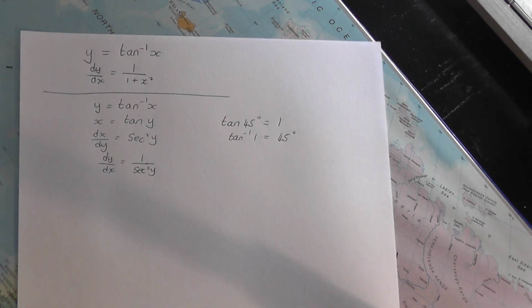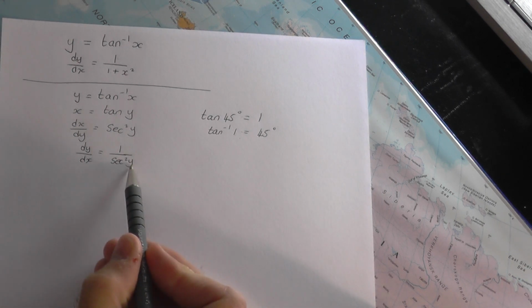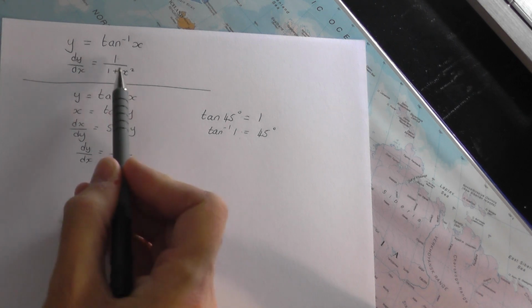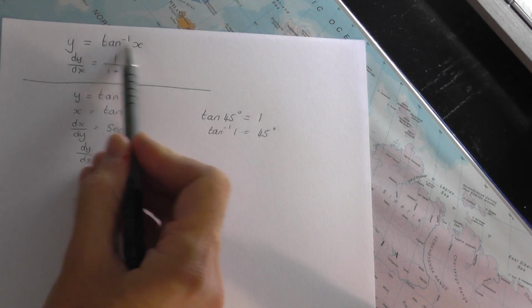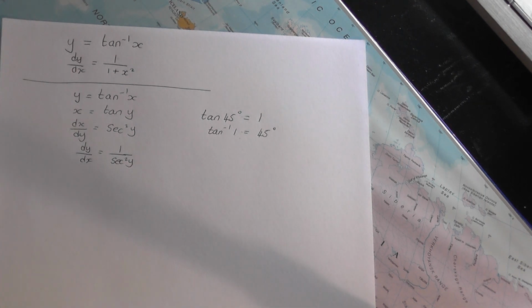So dy by dx equals 1 over sec squared y. Now, we've got dy by dx, but it's in terms of y, and we want the answer in terms of x, because that's what the original question was. So I've got to convert the y back into x.